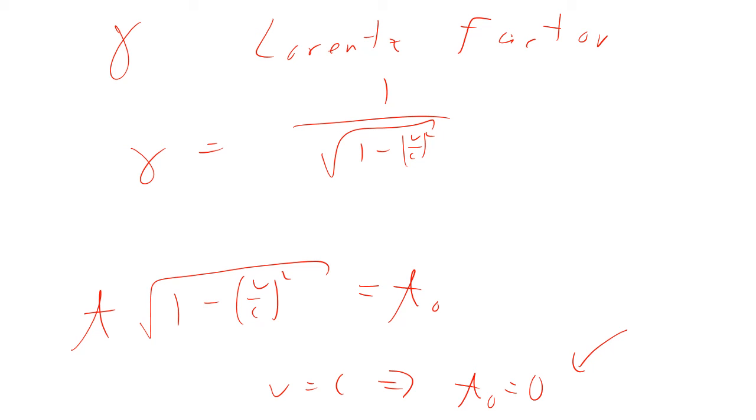That means if something is moving at the speed of light, no time passes. In other words, if you were going the speed of light, you would simultaneously be leaving where you start, arriving where you end up, and simultaneously be everywhere in between. No time passes.